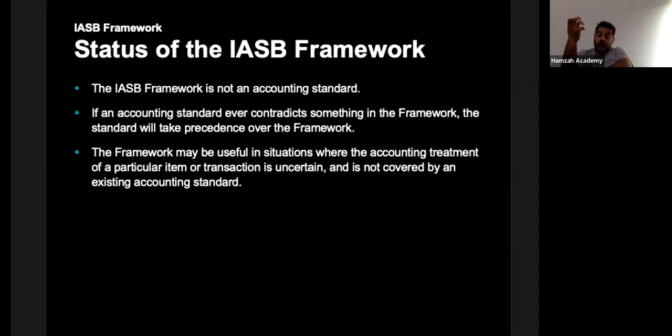And it should help the individuals who are preparing or auditing financial statements when they are not sure how particular items ought to be accounted for, when it is not covered specifically by any existing accounting standard. So this is how they help as well.